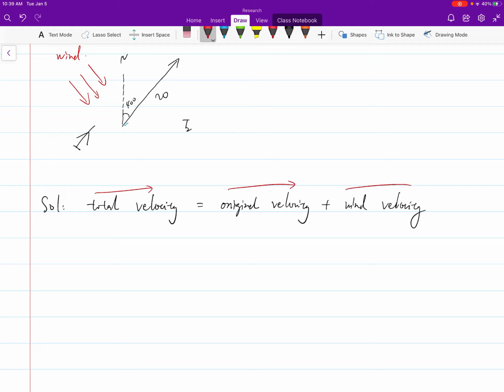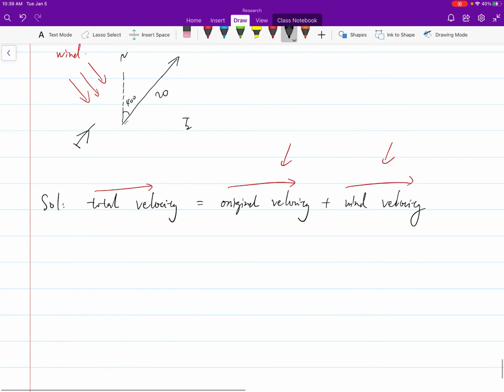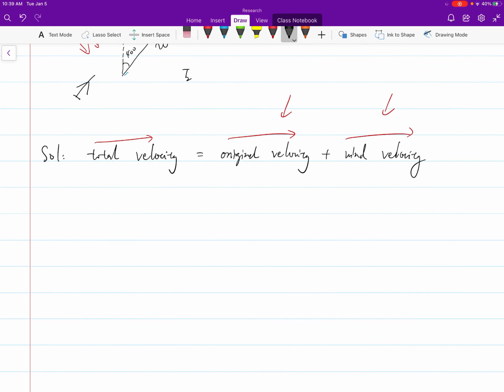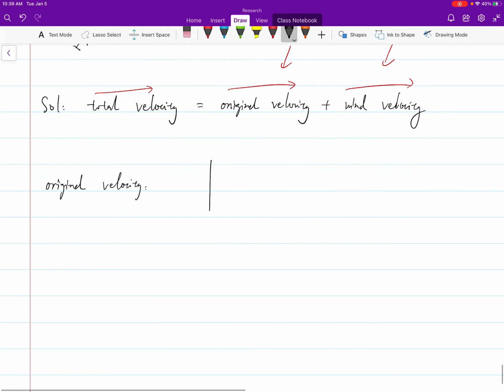Moreover, you know these three are just vectors. So basically what you need to do is calculate this vector, and do vector 1 plus vector 2, which we know how to do. That's horizontal plus horizontal, and vertical plus vertical. Beautiful. Now the rest is just to get the original velocity. How do you do that? What do you know? You know north, 40 degrees east.